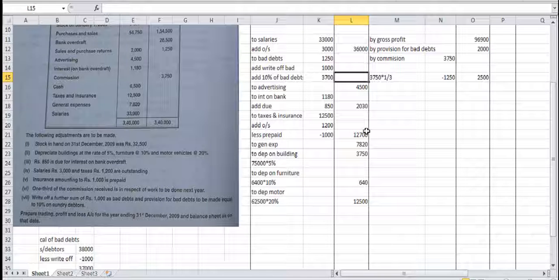After adding all, add these three, this one, this one and this one. Now you will get a total of 5,950.